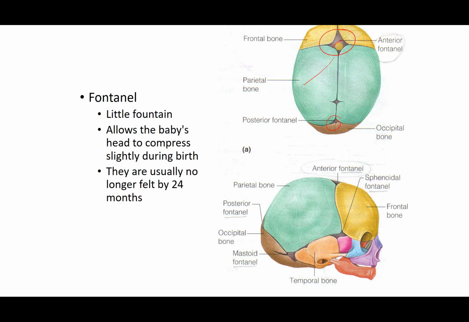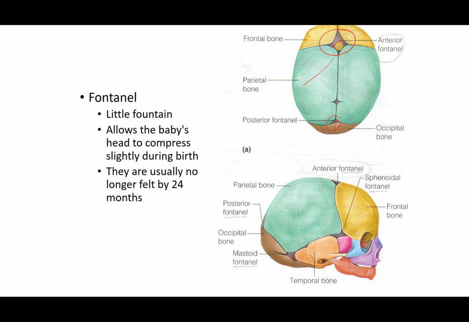The reason for these fontanelles is to allow the baby's skull bones, the cranial bones, to actually overlap each other as they come out of the birth canal. That's actually very good to stimulate brain and neuroactivity. It's good for the lung field to experience that compression and then open up as the baby's coming out.